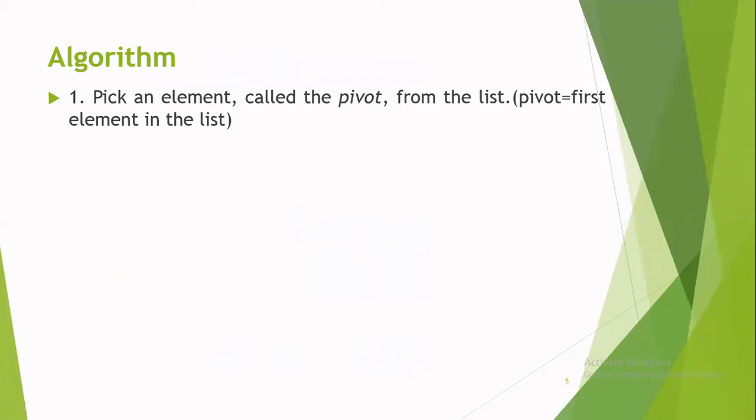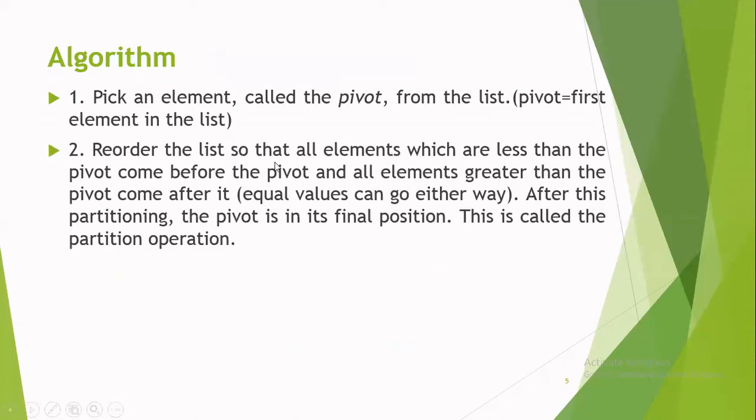The first step in the algorithm is to pick an element called the pivot from the list. Here we are choosing the first element as the pivot element. After choosing the pivot element, you reorder the list so that all the elements lesser than the pivot come before the pivot, and all the elements greater than the pivot come after it.